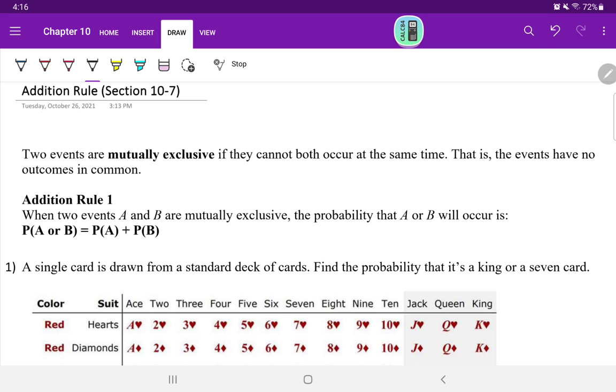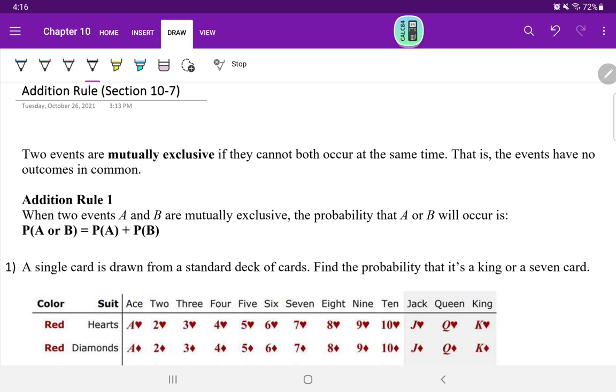When the events are mutually exclusive, we are using addition rule number 1, which states, when two events A and B are mutually exclusive, the probability that A or B will occur is the formula below.